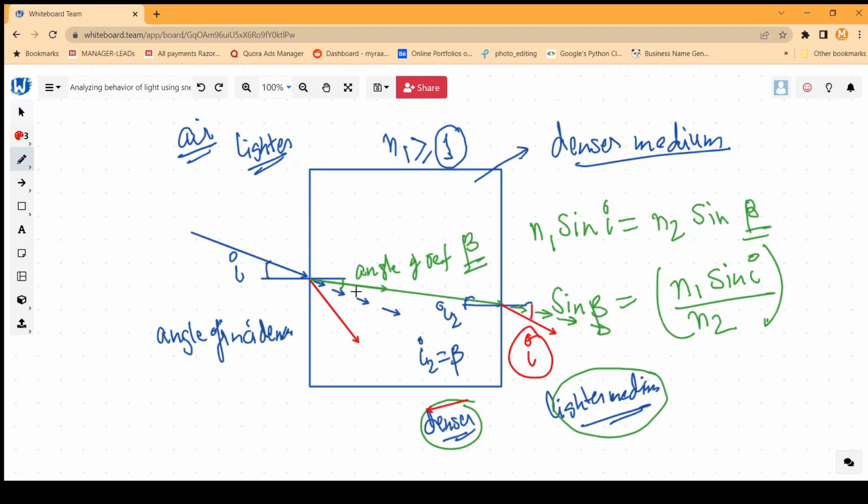But this ray will shift a little bit from the path. This is going to be parallel to the incident ray, but there will be a net shift d of the light ray. So we can simply understand the behavior of light rays in different scenarios using Snell's law.